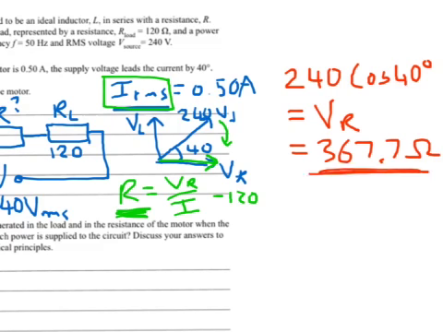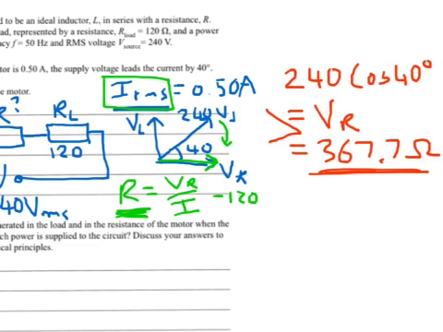So we have to take away 120. I've skipped just a little bit there. We need R equals V over I, so in between here we have to take that VR, which I don't think is actually given in the answers, so I'm just going to skip it.